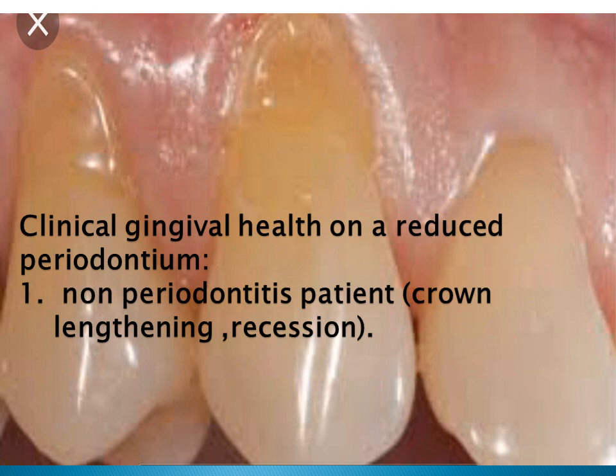That means, as we see in this picture, there was a destruction in the attachment apparatus of the canine and premolar due to a forceful or faulty toothbrushing technique and formation of gingival recession. Also, destruction could be due to orthodontic appliances or after a crown lengthening procedure in a non-periodontitis patient.